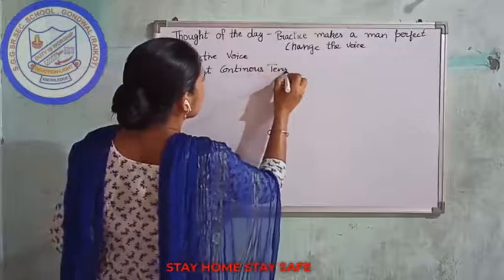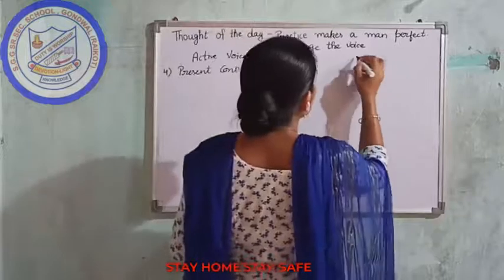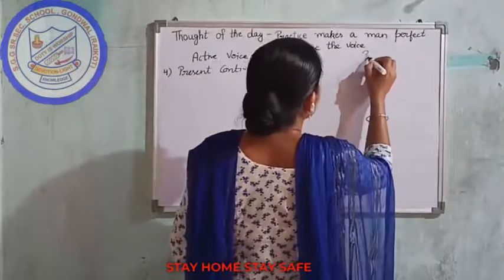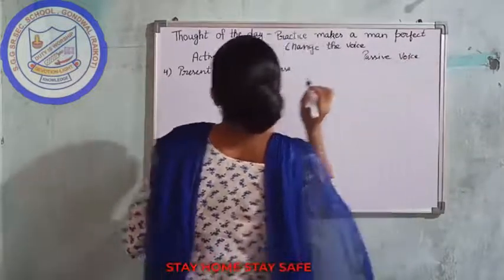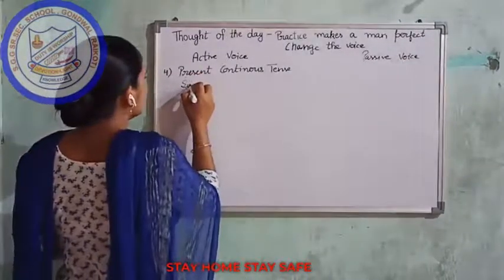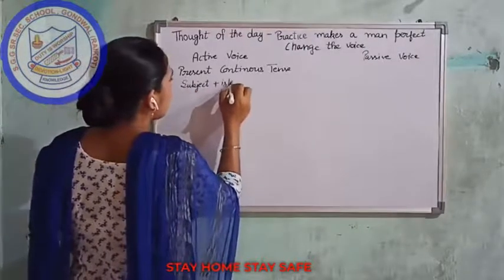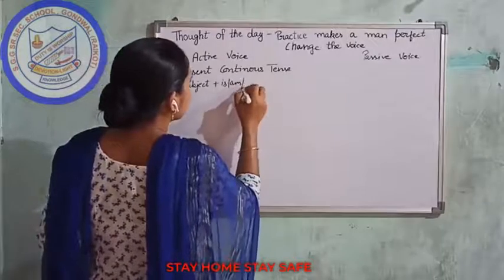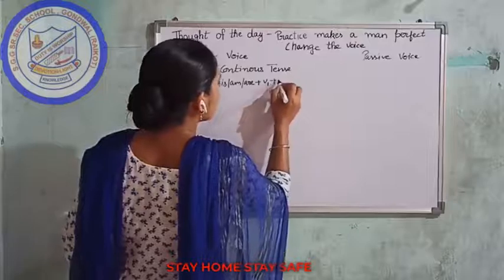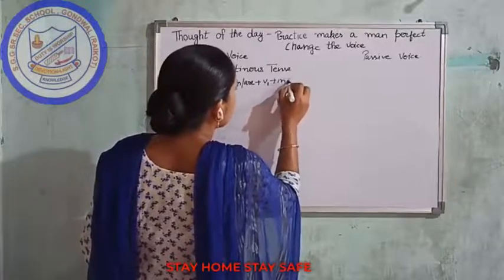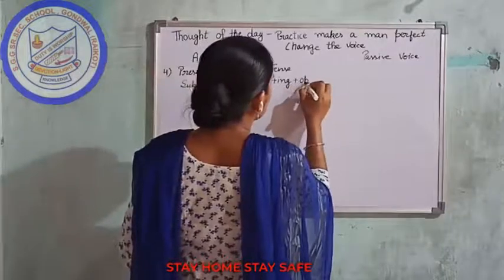So students, can you tell me what is the indication of present continuous tense? Yes, very good. Subject, is, am, are according to singular or plural, V1 plus ing, then object.